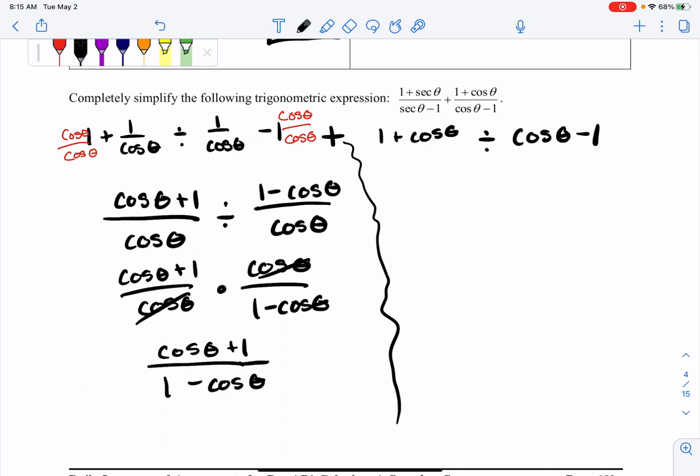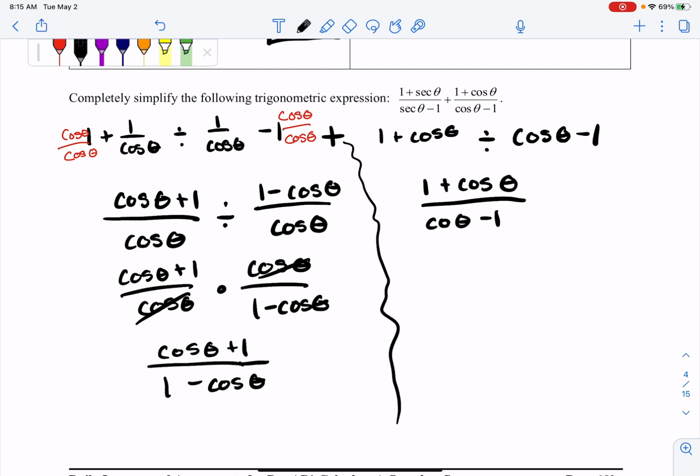Okay, so I have 1 plus cosine theta being divided by cosine theta minus 1. If I take a negative 1 out of both of those, I can kind of rewrite this in a way that makes sense. Actually, I am going to write this as a fraction so you can kind of see what's happening here. So we are doing a division problem here.